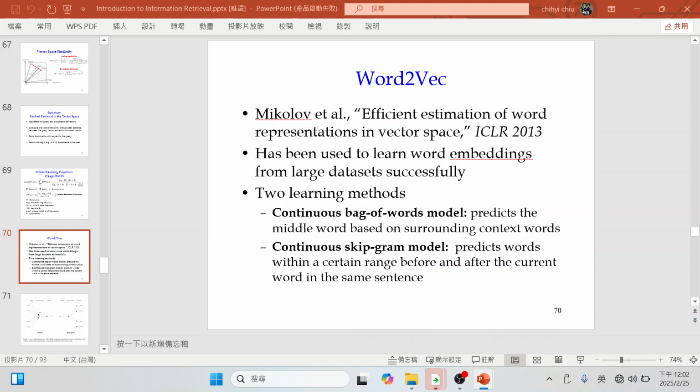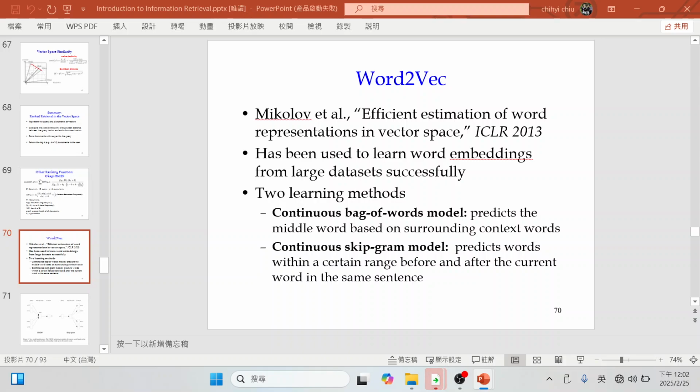You can treat it as an initiative of using deep learning in NLP, natural language processing, like a pioneer paper. In this paper, they try to learn the word embeddings from the data.